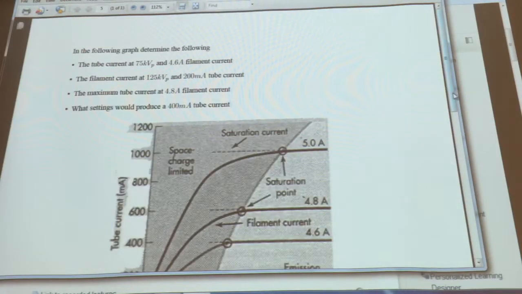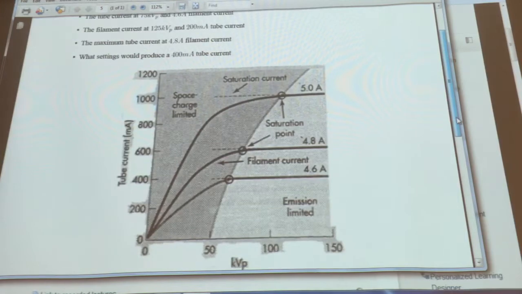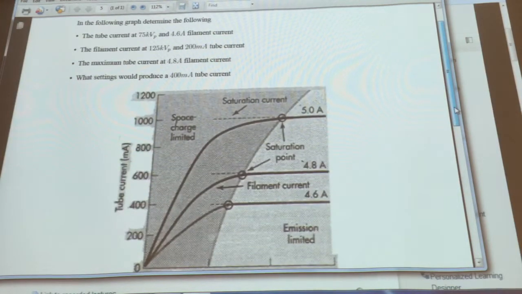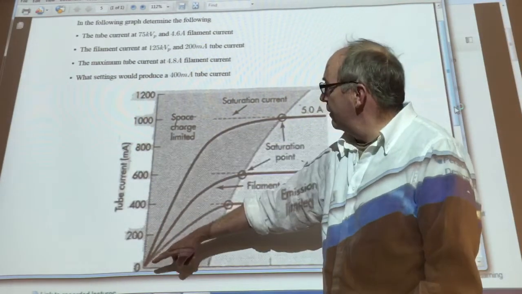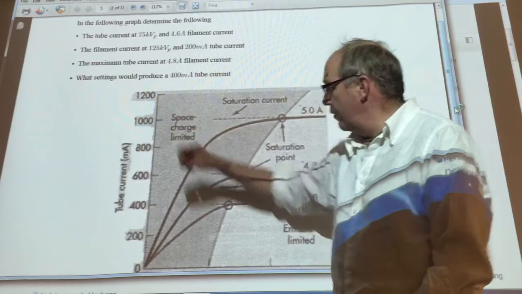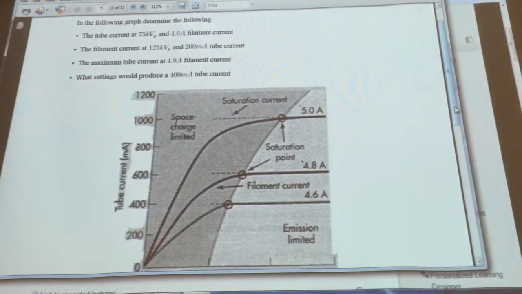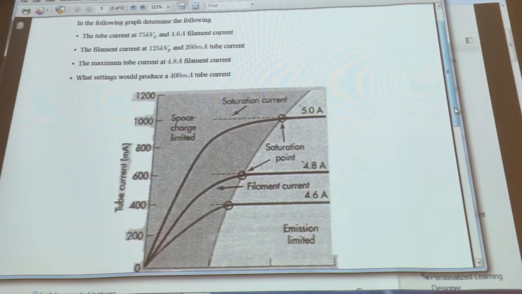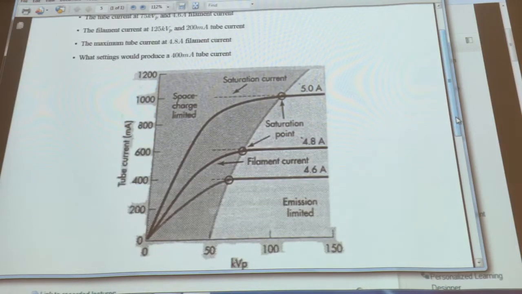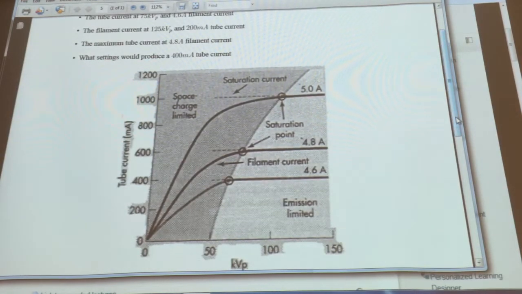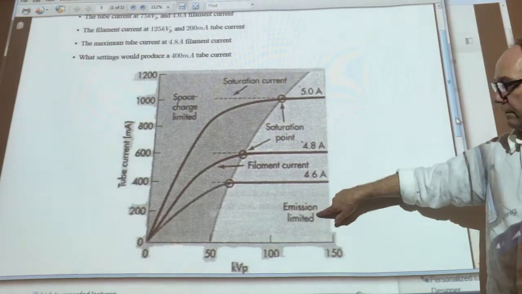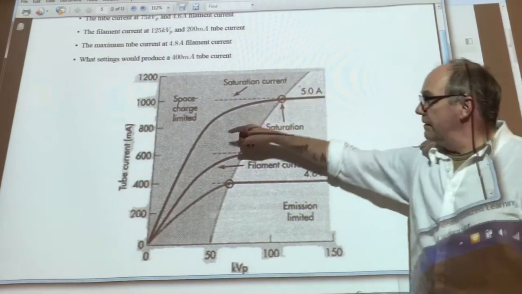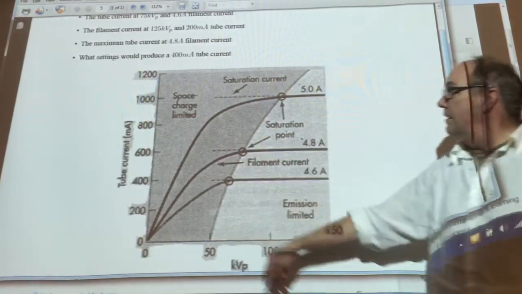There it is. This is the graph in the book. So we have tube current on this side, going from 0 up to 1200 milliamps, and we've got kVp going from 0 up to 150 kVp. And you see the emission limited region and the space charge limited region.